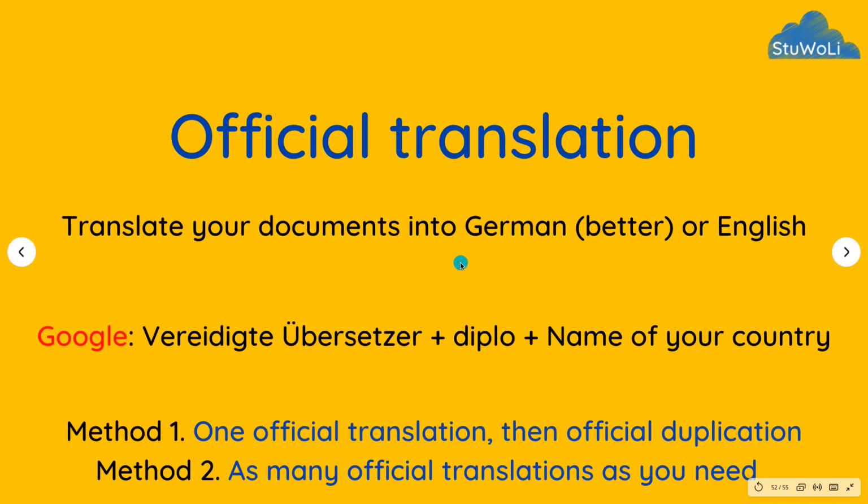Now, if your documents are in other languages, rather than English and German, I recommend you to translate them into German. You can do it to English too, but German is the safe option because, for example, the German embassy sometimes asks for only German documents and not English, like the translations have to be into German. So you are on the safer side if you translate your documents into German.